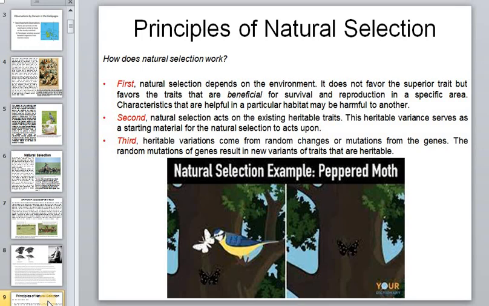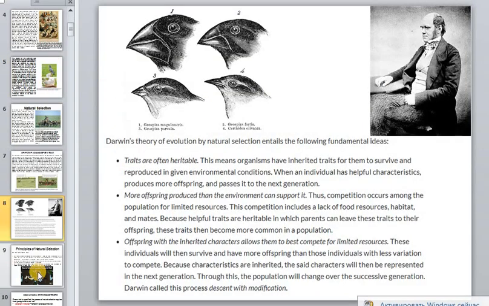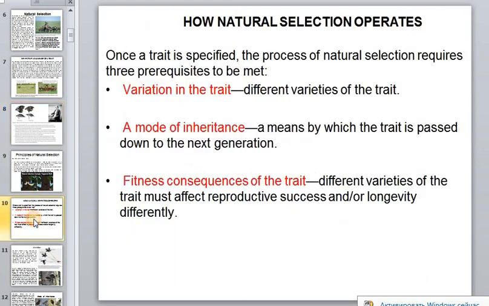And the third, heritable variation comes from random changes or mutations in the genes, and the random mutation of genes results in new variation of the traits that are heritable. We will talk about all these principles and how natural selection operates. And now let's take a closer look.